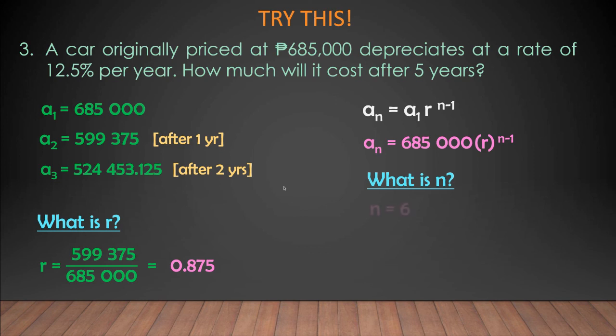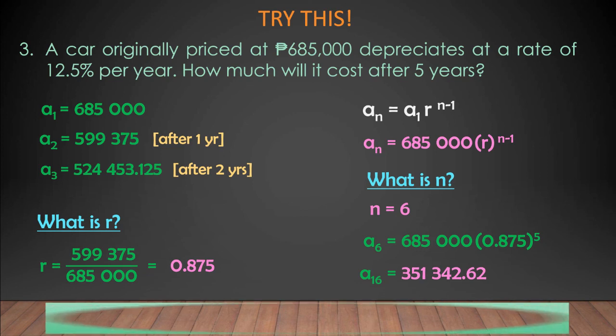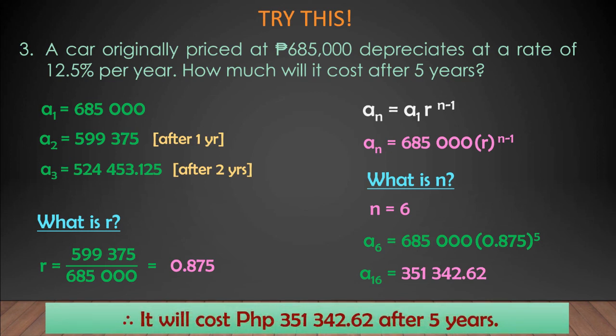Therefore, our n here is 6. So A sub 6 is equal to 685,000 times 0.875 raised to 5. That will be equal to 351,342.62. Therefore, the car will cost 351,342 pesos and 62 centavos after 5 years.